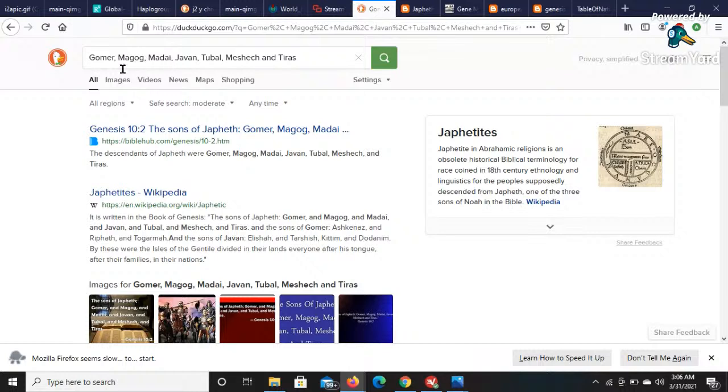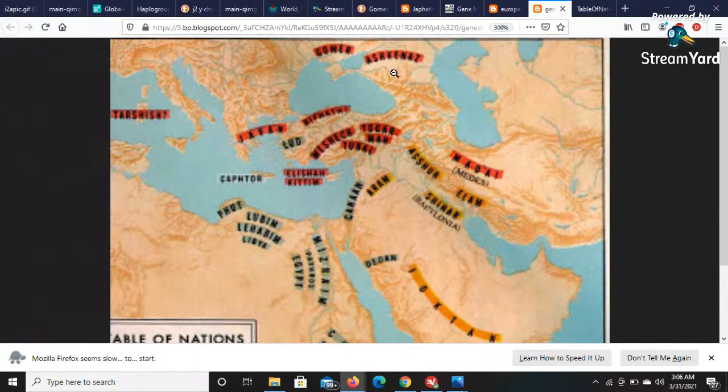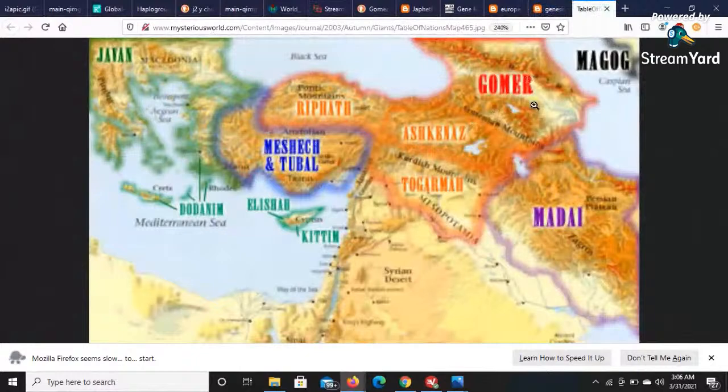Madai could have been Denisovan. Gomer, I don't know. Where's Gomer? Gomer's up here. Gomer went up there. Meshach and Tubal went up there.